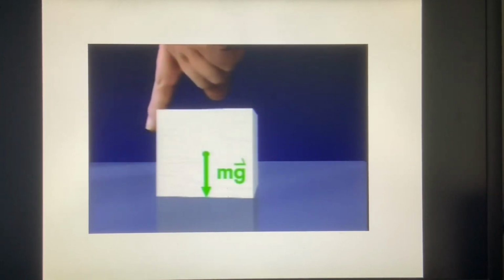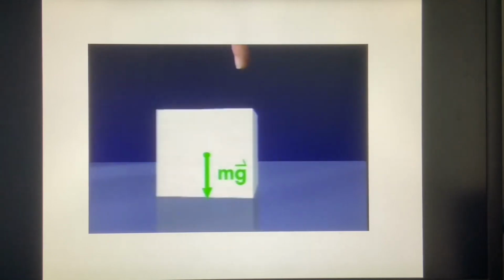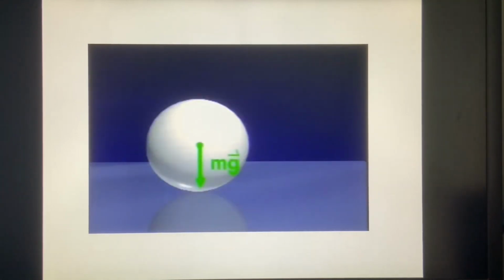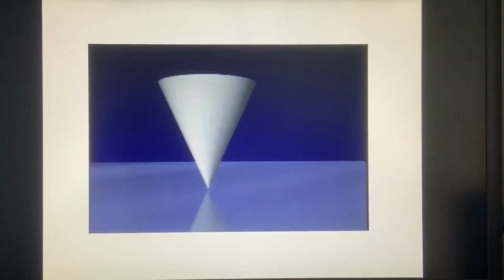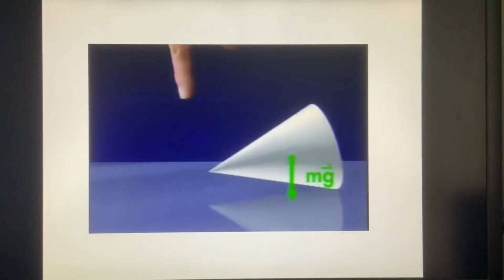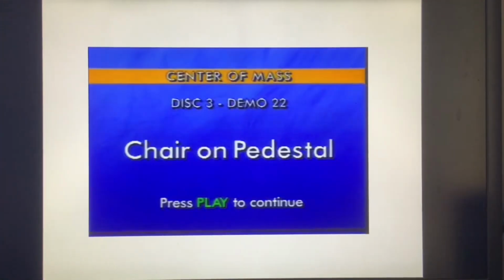This animation shows the weight that acts on the center of mass of each of the objects as it is tipped. This chair can be mounted on a sharp point at the top of this bar.